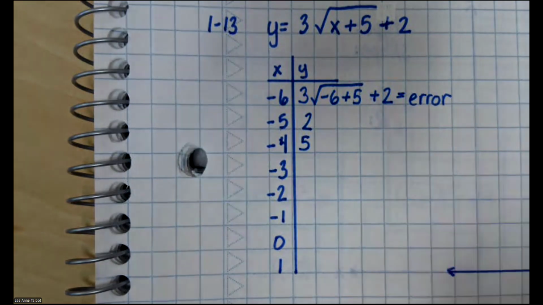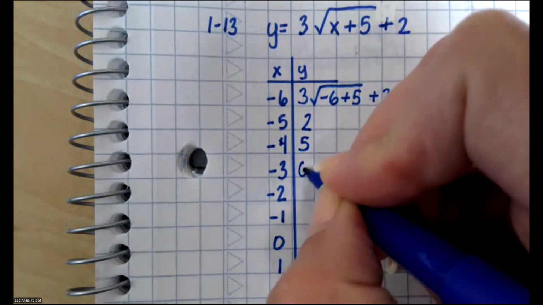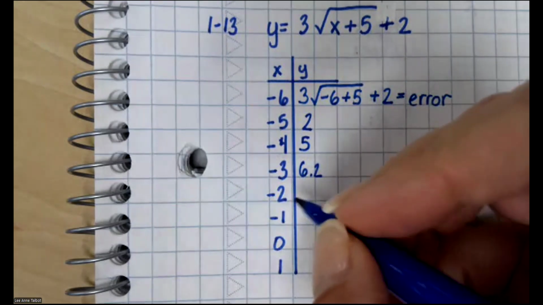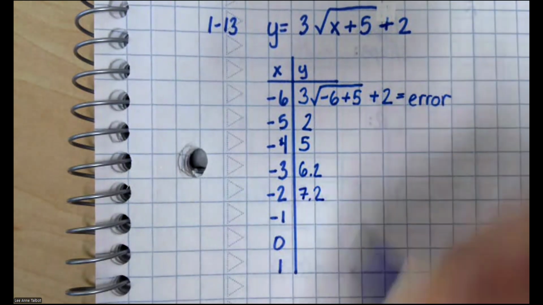Decimals are fine. Yes, I'm going to write 6.2 for -3. Yeah, like that.